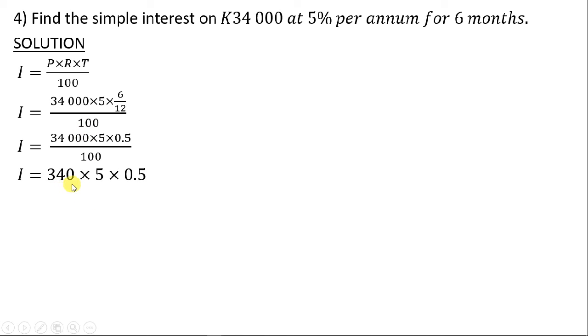We are going to remain with 340 times 5 times 0.5. Our interest will be equals to 850 kwacha. So the simple interest was 850 kwacha in 6 months. So that is how we calculate simple interest.